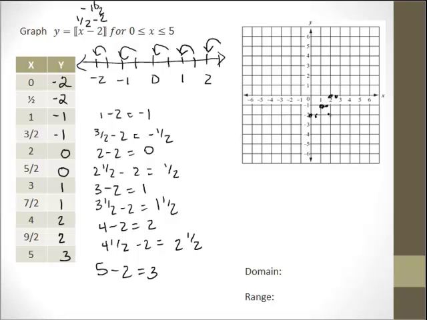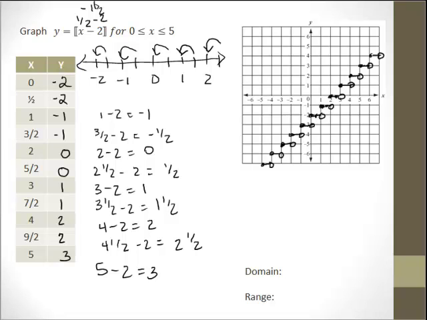And then 2.5, 0. Do you see what's happening with this one? So it's solid, open. Solid, open. Solid, open. It's continuing just like on the previous page.